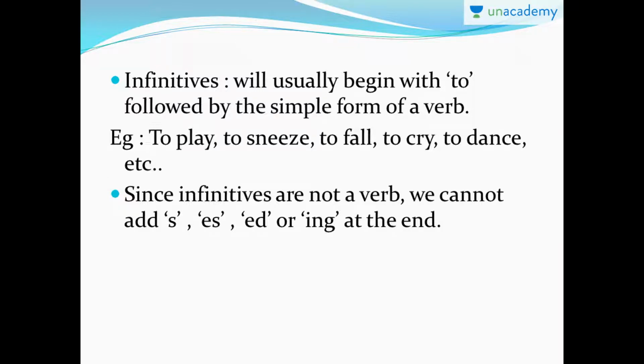Since infinitives are not verbs, we cannot add s or es or ed or ing at the end. For example, I cannot say to played, to sneezed, to falling, to crying. No, that's absolutely wrong, because since infinitives are not verbs, we cannot alter them. When a verb takes ing at the end, it becomes a gerund.